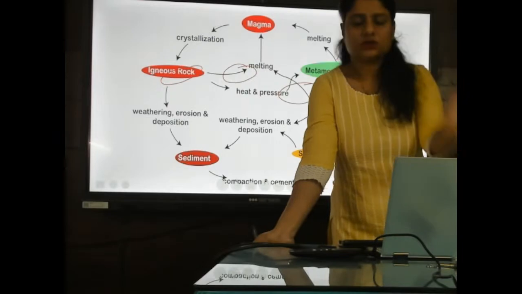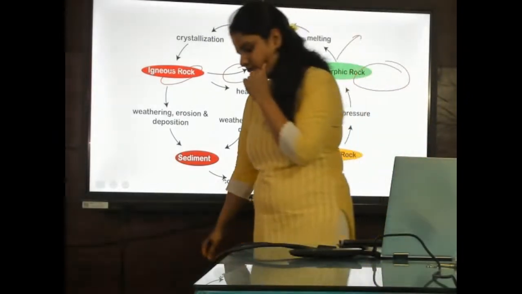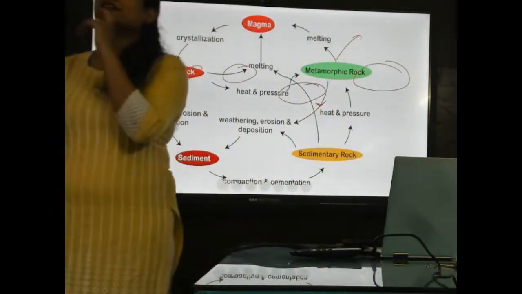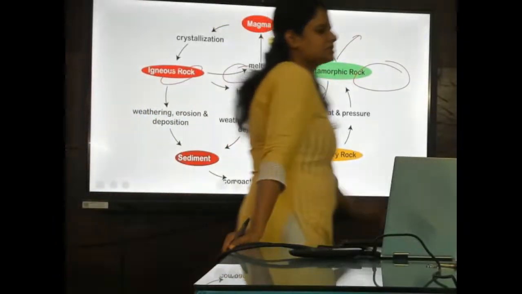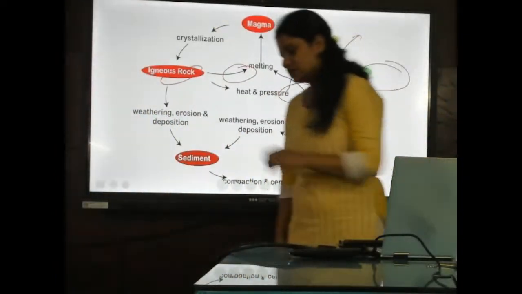So write down some examples of sedimentary rock. The igneous rock example is like granite.